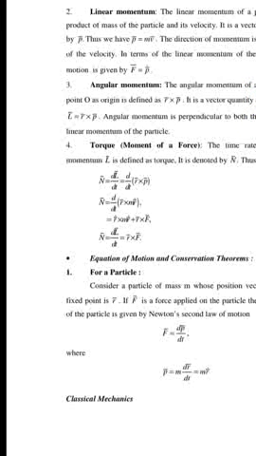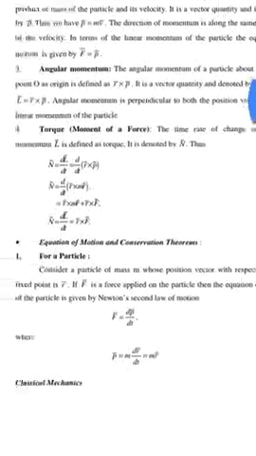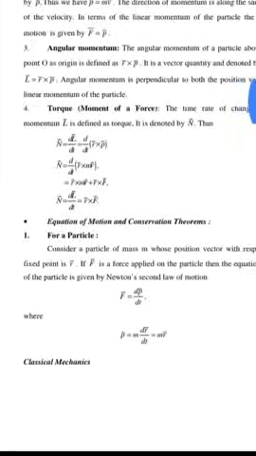Next one, torque, or moment of a force. The time rate of change of angular momentum L bar is defined as the torque and it is denoted by N bar.